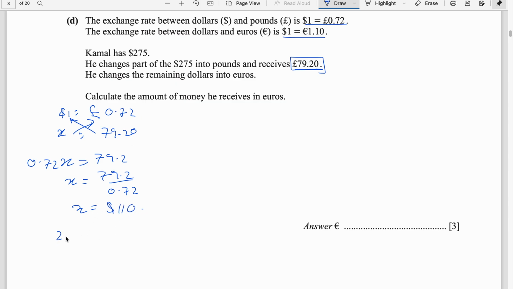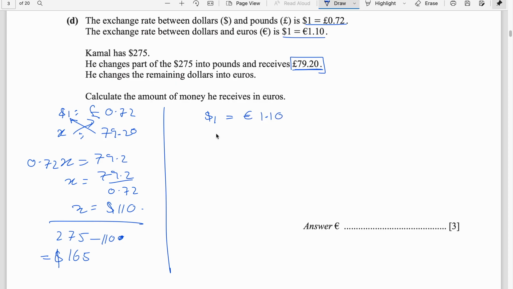So if he changed $110, he is left with $165, which he then changed into euros. So the exchange rate between dollar and euro is this, and he changed 165 into euros. Y is equal to 1.1 times 165, and he got 181.5 euros.